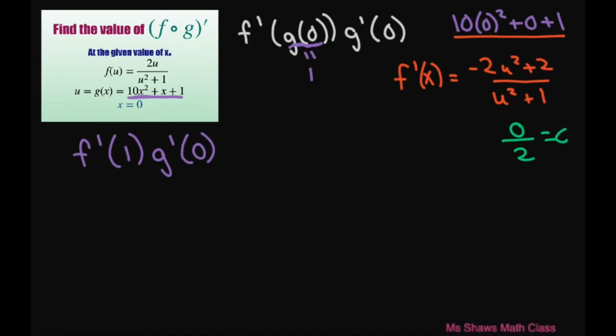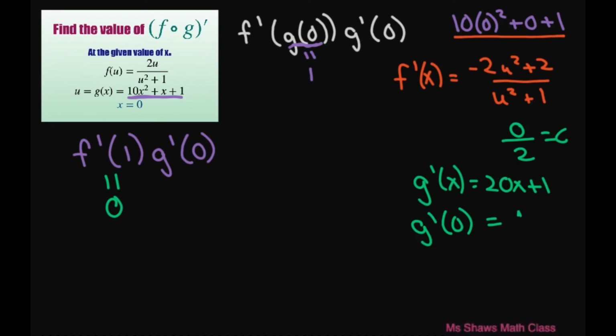This equals 0. Now, our g prime of x was 20x plus 1, so g prime of 0 is just going to equal 1. So it's 0 times 1, and that equals 0.